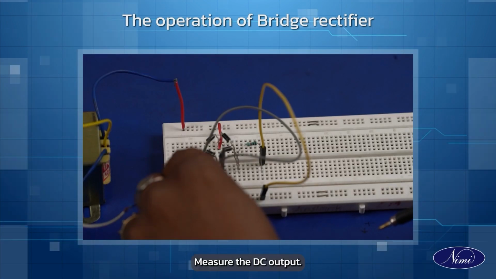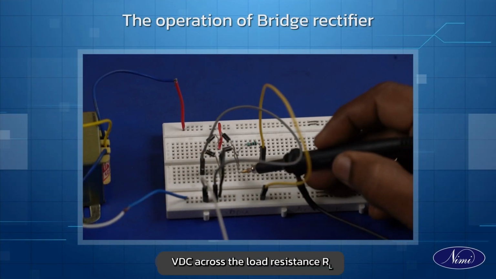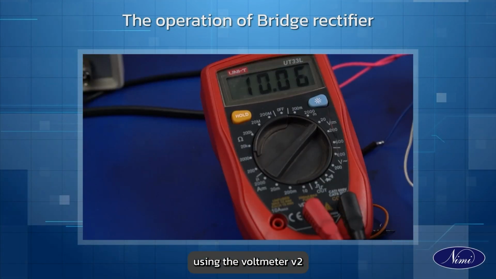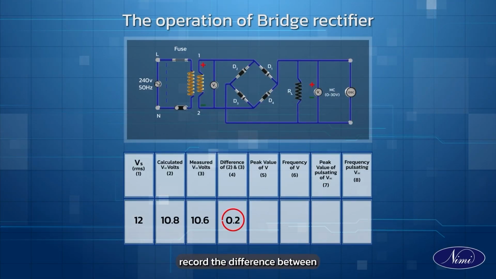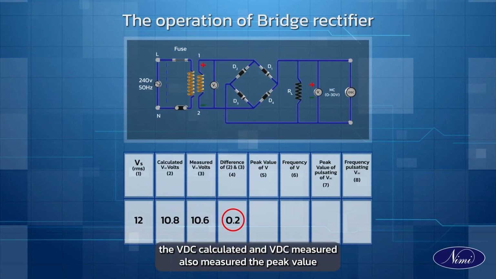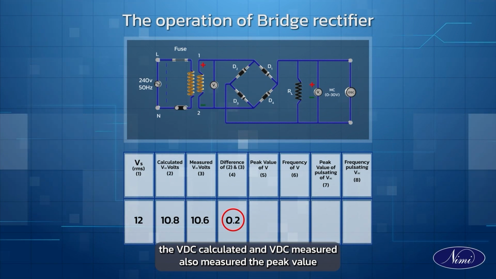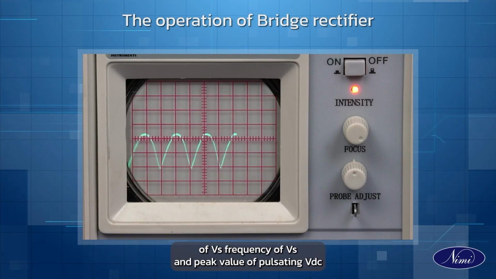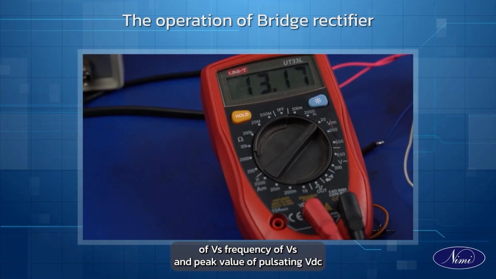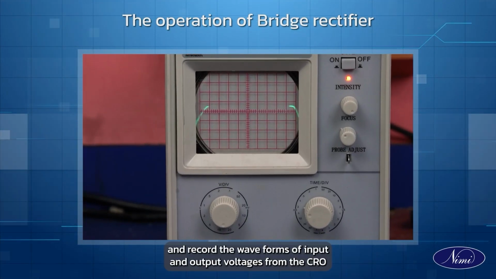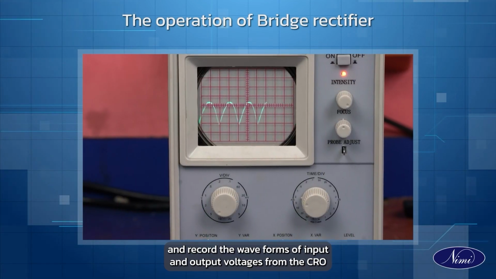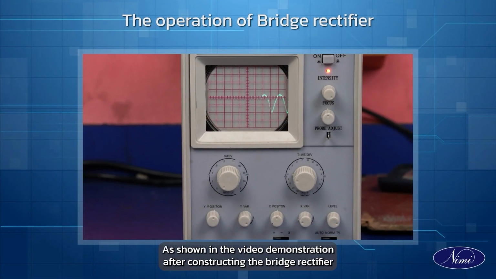Measure the DC output VDC across the load resistance RL using the voltmeter V2. Record the difference between the VDC calculated and VDC measured. Also, measure the peak value of Vs, frequency of Vs, and peak value of pulsating VDC and record the waveforms of input and output voltages from the CRO as shown in the video demonstration.